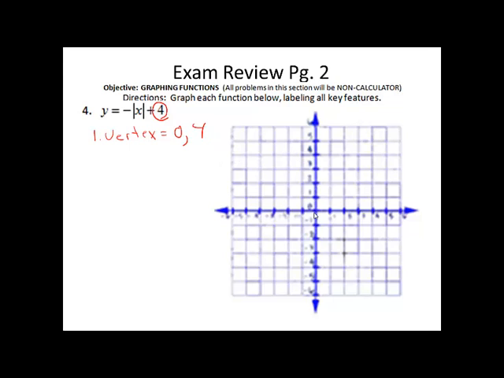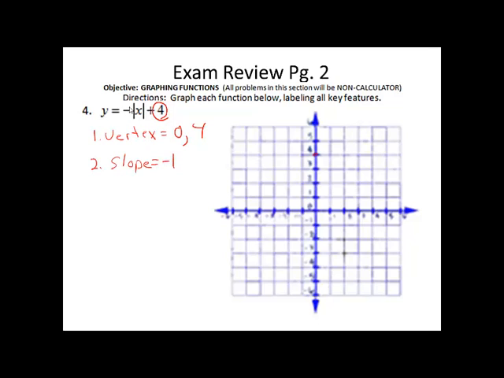So as we go over here, 0, up 4: 1, 2, 3, 4, and we put another dot. Now we look in front of the absolute value sign for our slope. We don't see a number there, and that is because our slope is 1 or negative 1, right?